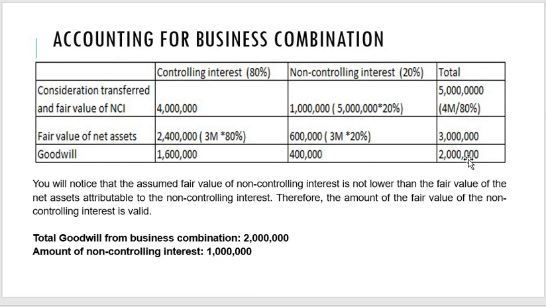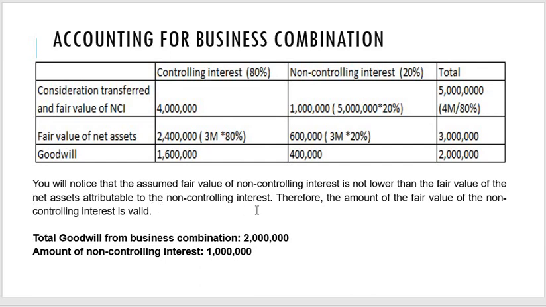It's just that 1.6 is for the controlling interest and 400,000 for the non-controlling interest. Okay? But if the question is the total goodwill or the goodwill arising from the combination, of course, the answer is 2 million. So, you will notice that the assumed fair value of non-controlling interest is not lower than the fair value of the net assets attributable to the non-controlling interest.